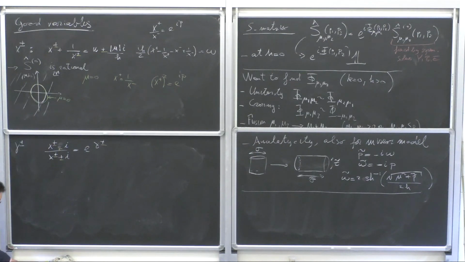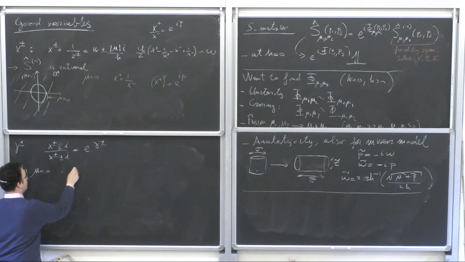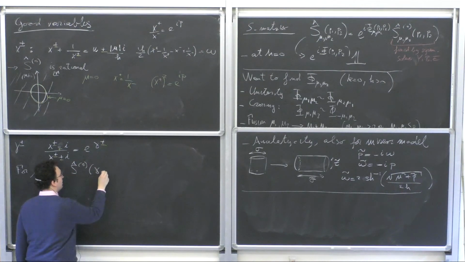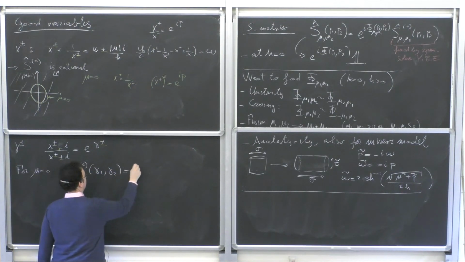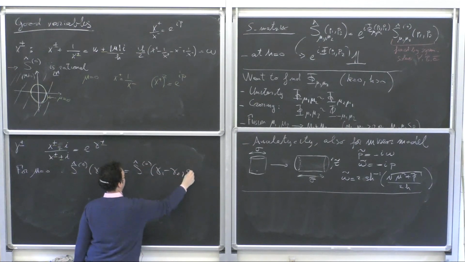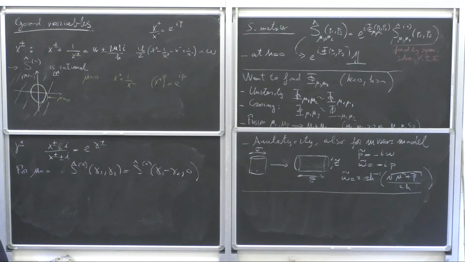This is not particularly helpful for massive particles, but with this parameterization, for mu equals 0, S at 0 of gamma 1, gamma 2 is S at 0 of gamma 1 minus gamma 2, meaning it becomes of difference form.